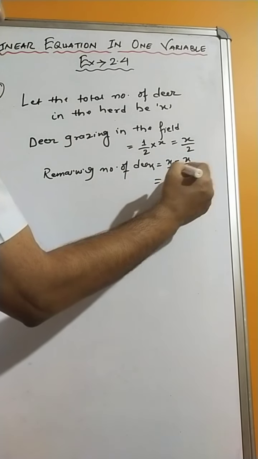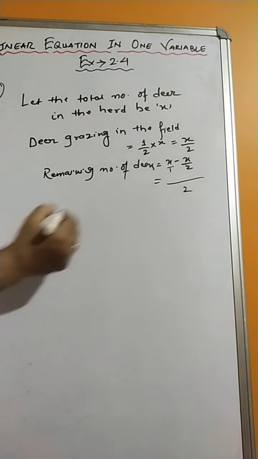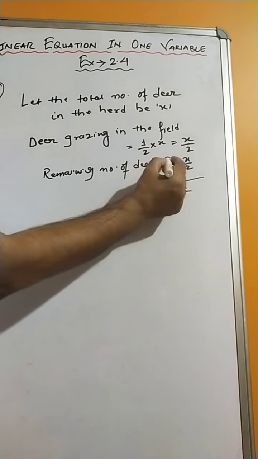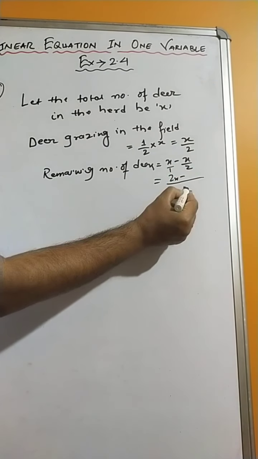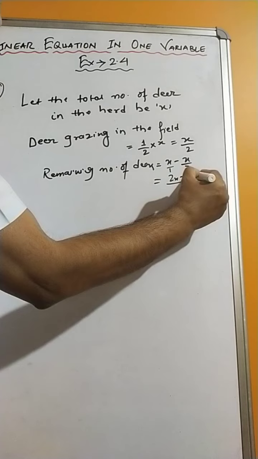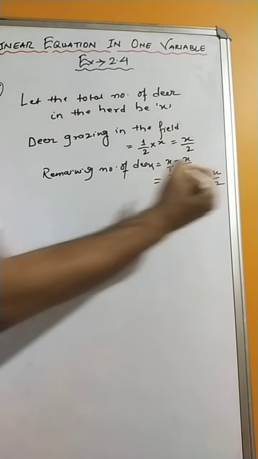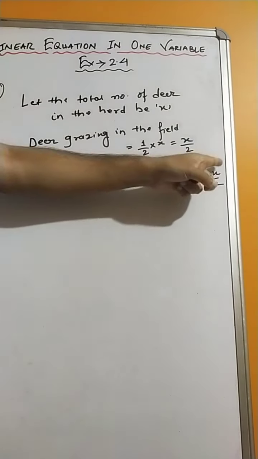So we will do the LCM, 2. 2 divided by 1 is 2, 2 into X is 2X. 2 divided by 2 is 1, 1 into X is X. So it will give you X/2 only. So the remaining number of deer is X/2.